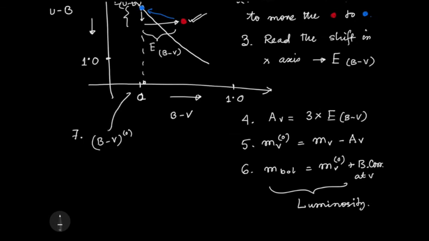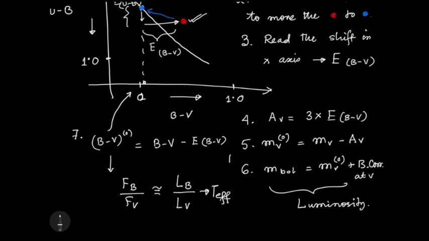It is the observed B minus V magnitude minus the excess. This essentially is proportional to the flux at B band by the flux at V band, which is proportional to the luminosity at B band by luminosity at V band. This gives me the effective temperature.